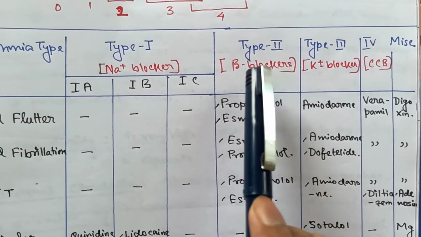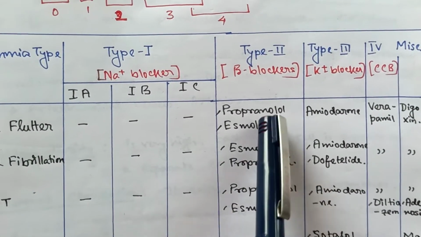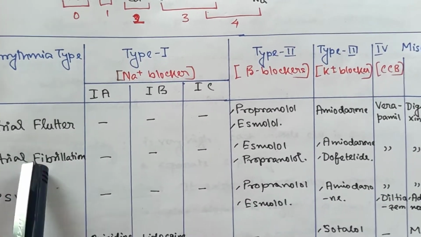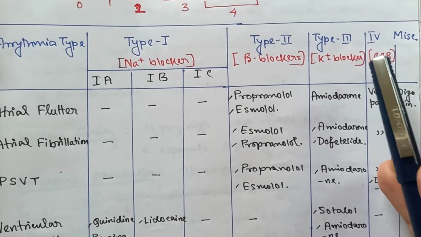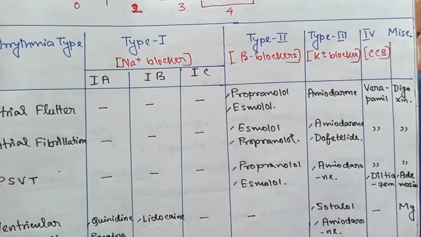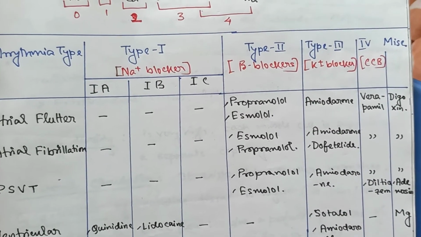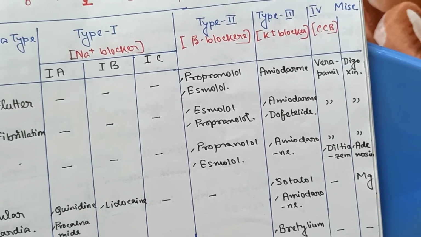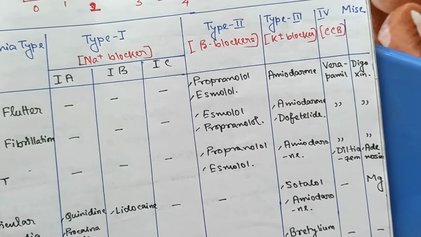Type 2 drugs, which are mainly beta blockers like propranolol, esmolol, are effective in atrial types of arrhythmia, that is atrial flutter or atrial fibrillation. Also type 3, that is potassium blockers, amiodarone or dofetilide are effective. Type 4 calcium channel blockers like verapamil are also effective, and some miscellaneous drugs like digoxin are also prescribed.